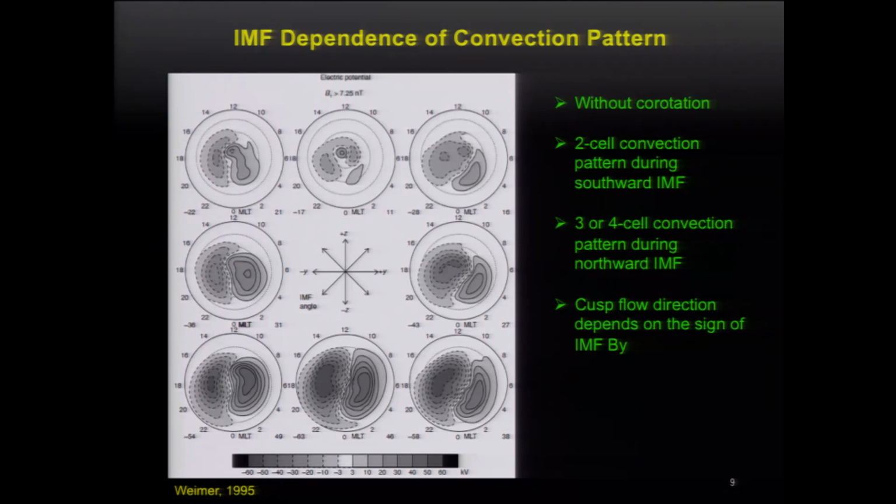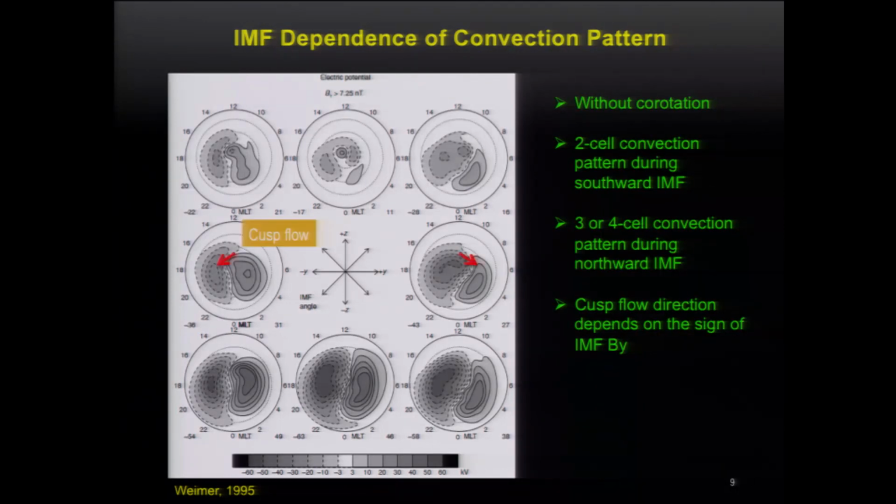So consistent with those simple theoretical pictures, when the IMF is southward, we have those large two-cell convection patterns. You see they extend to very low latitude, 50 degrees. For northward IMF, the convection pattern is much more complicated, three cells, four cells, very often.